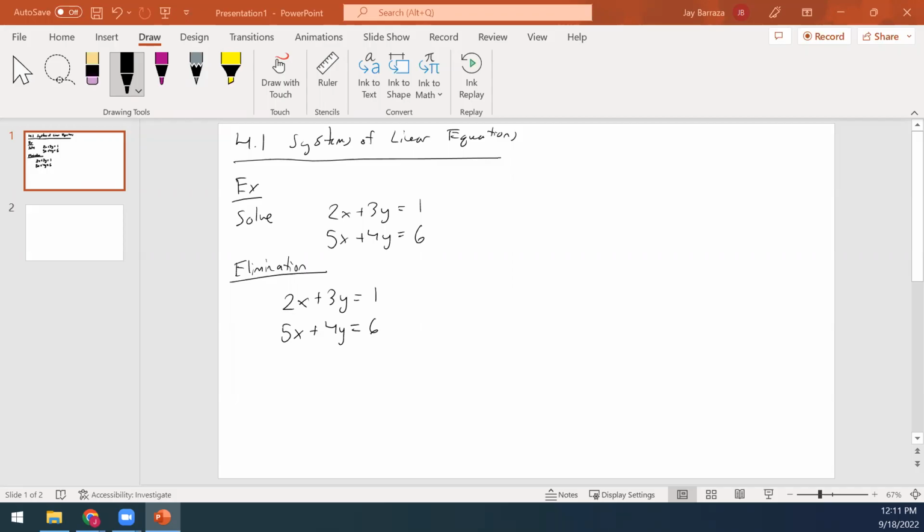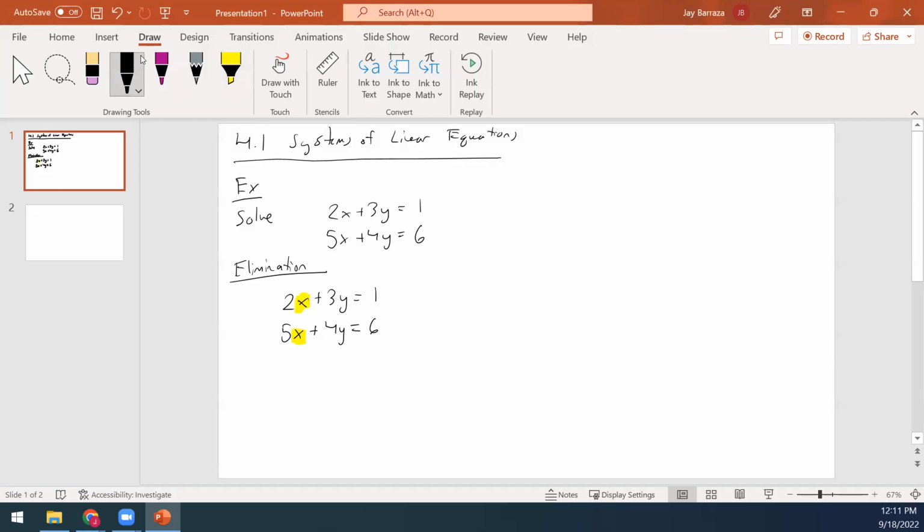So we're just doing an example from the review, solving these equations. We have decided to use the elimination method, because if I use the substitution method, it's not going to be nice numbers, unfortunately. I'm going to pick the x variable and eliminate it.